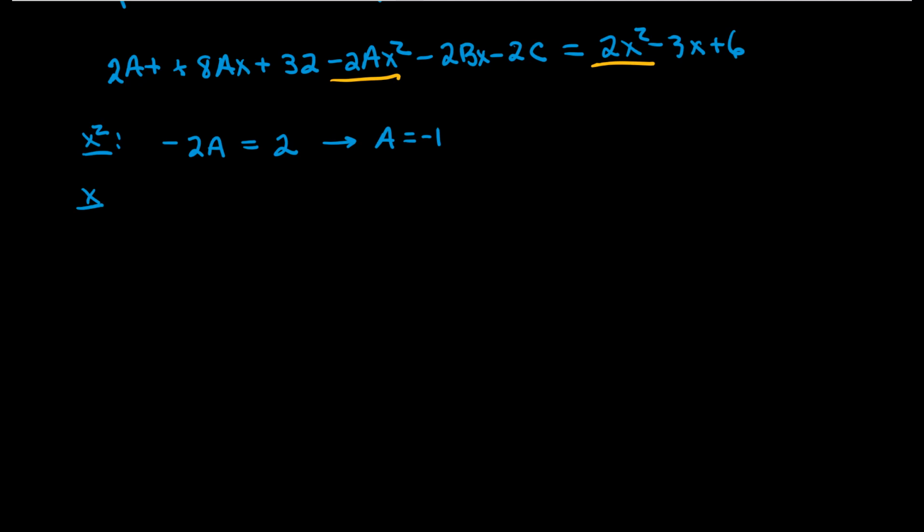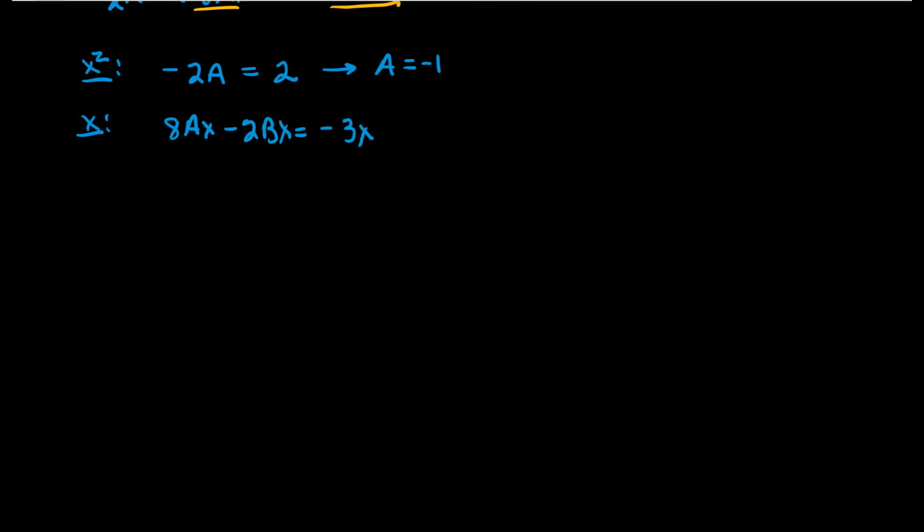For the x terms, well, let's see here. We have an 8ax minus 2bx equals, and on the right-hand side, we have a negative 3x. So I'm going to underline these, the 8ax, the minus 2bx, the minus 3x. This is then going to give us that 8a minus 2b is a negative 3.